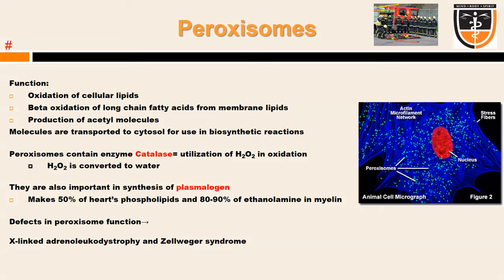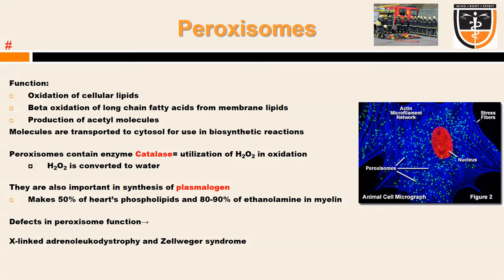Catalase will utilize this hydrogen peroxide and break it down into water. And water is not bad for us, so we can actually take water. But also these peroxisomes are important in the synthesis of plasmalogen, which is a very important compound, a phospholipid found in myelin and in heart cells. So it's very, very important.